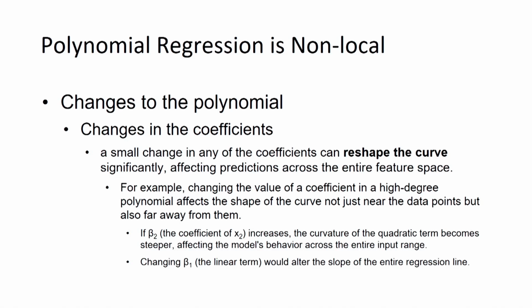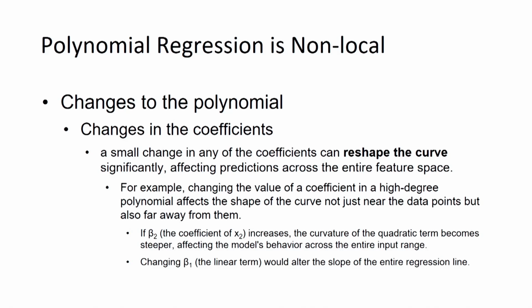We have already seen the significance of these coefficients, so a small change in any coefficient can reshape the curve. For example, the coefficient of squared terms gives you the curvature of the curve. If you make a small change in it, the curve shape will change, it will reshape the curve significantly, and it will affect the prediction across the entire feature space.